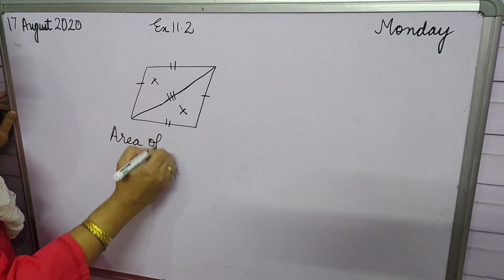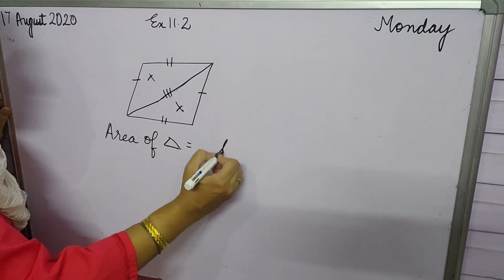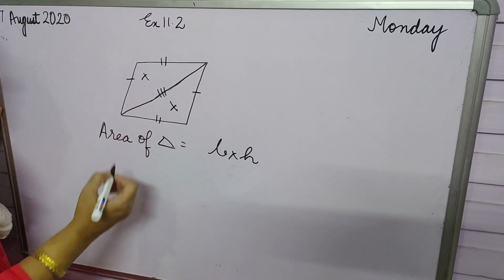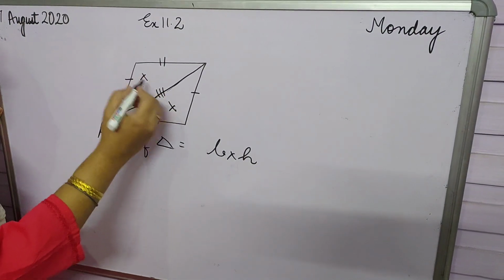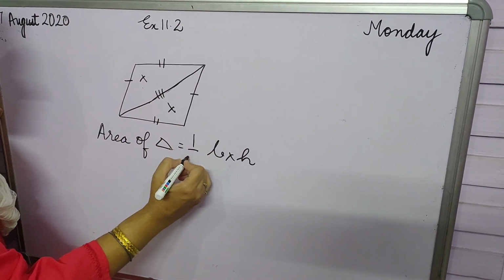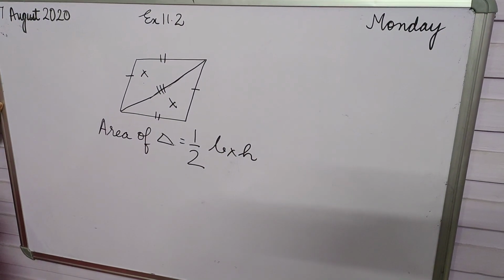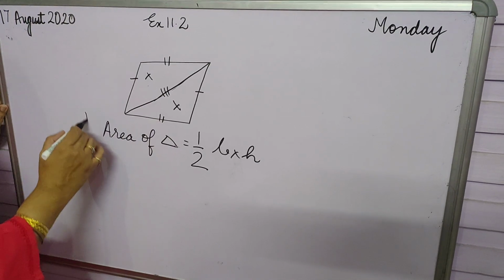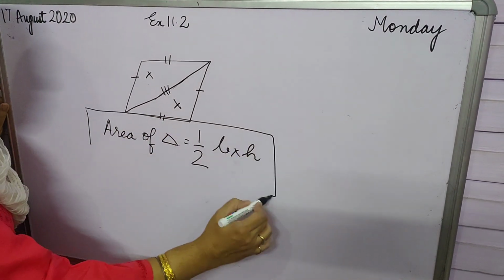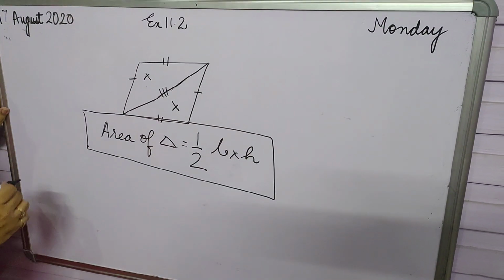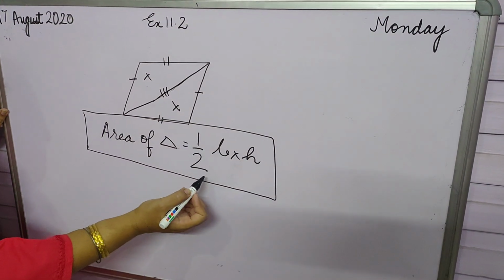Now since area of parallelogram we already know it is base multiply corresponding height. Since the area has been divided into 2 parts, that means area of triangle is half base into height. So you have to remember the formula that area of triangle is half base into height. And how we have derived this formula?